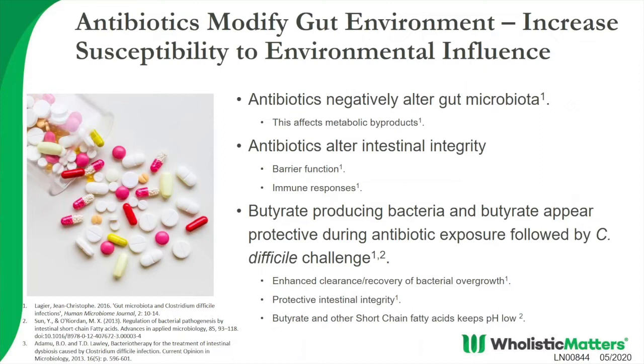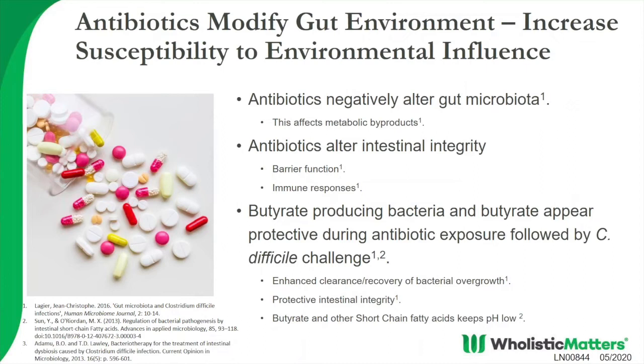One particular component that's produced by bacteria called butyrate is normally a really supportive component produced in the lower GI. We'll talk about it in a little bit more detail later, but what you see is that it's particularly impacted in antibiotic exposure.